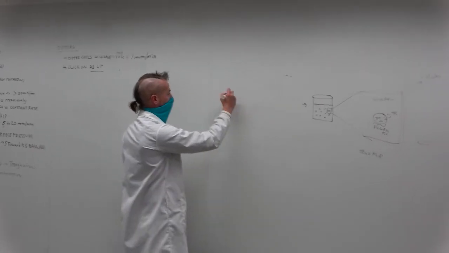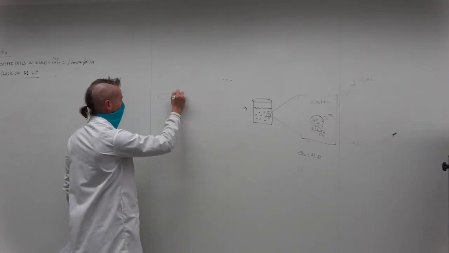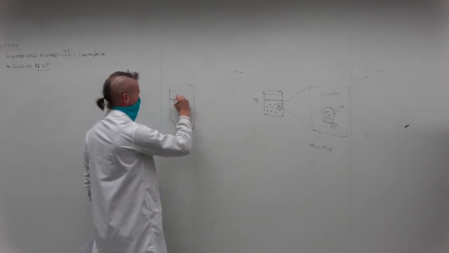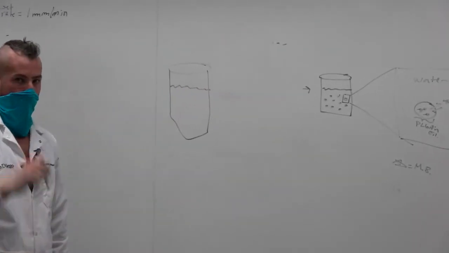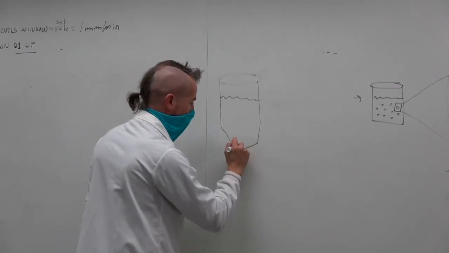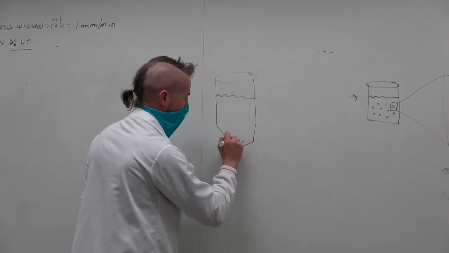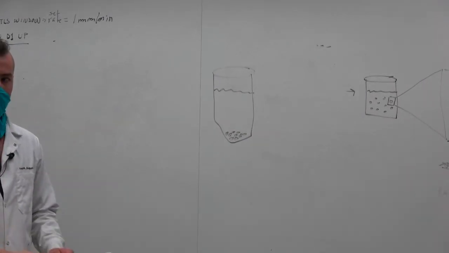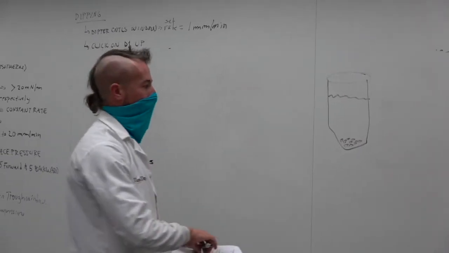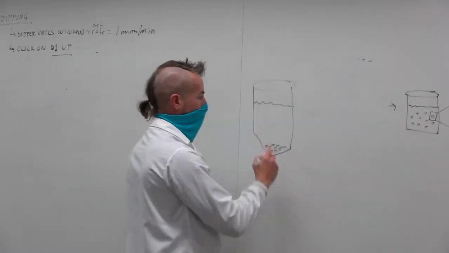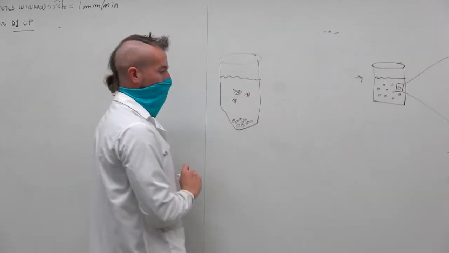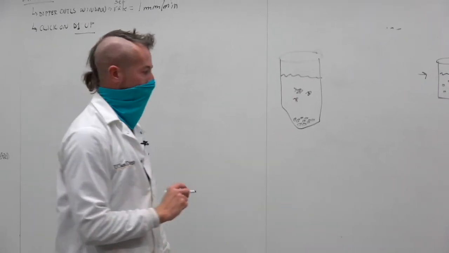We're going to take our particles and spin them down, so all the particles are at the bottom. The particles have methylene blue inside, right? But I just told you that there's also some methylene blue in solution.